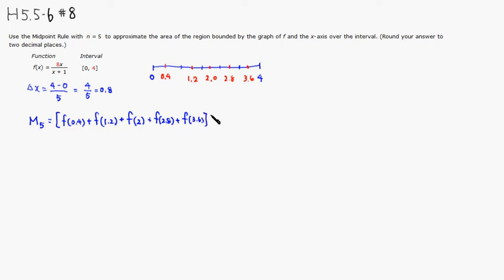Then multiply by delta x, which is 0.8. Right, so let's compute that. I'm going to use GeoGebra to compute it.